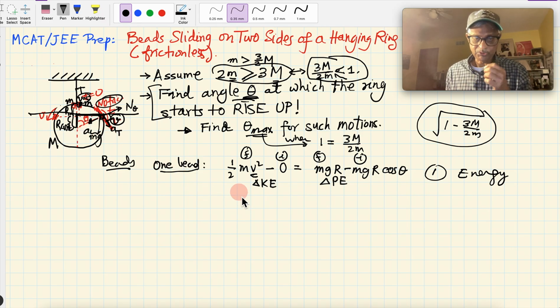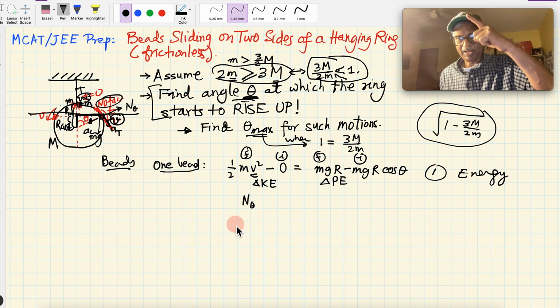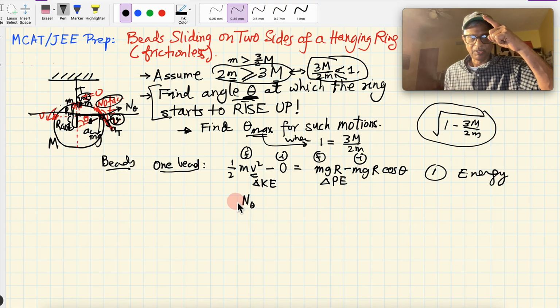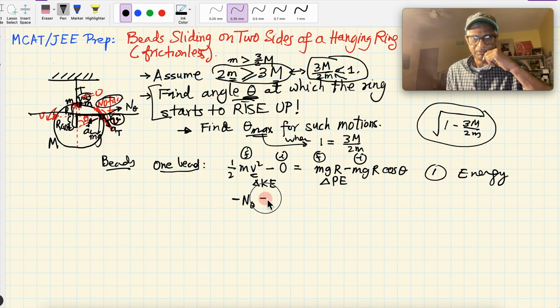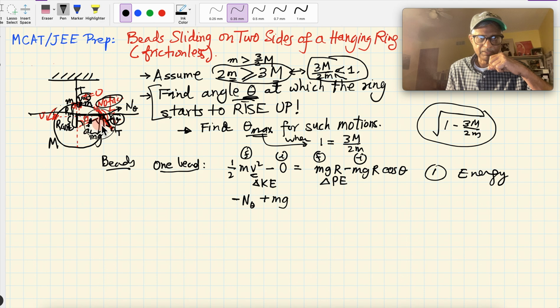So in circular motion, we are going to have N of theta, which is going out. So minus, and this side I'm going to call plus. So N of theta plus mg, this is theta, then this is theta. So that mg is this way, its component will be mg cosine theta.